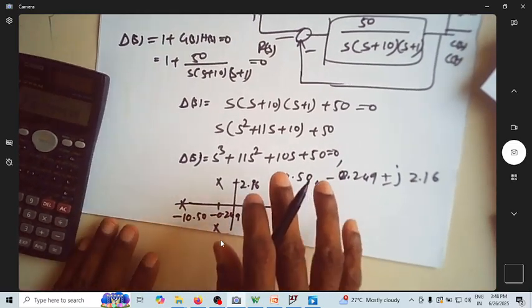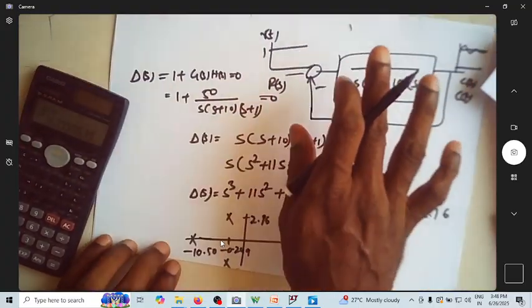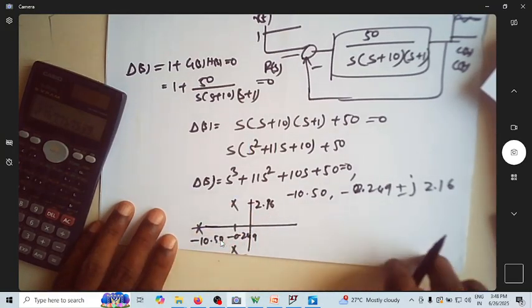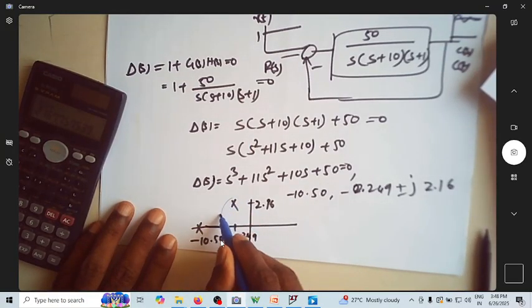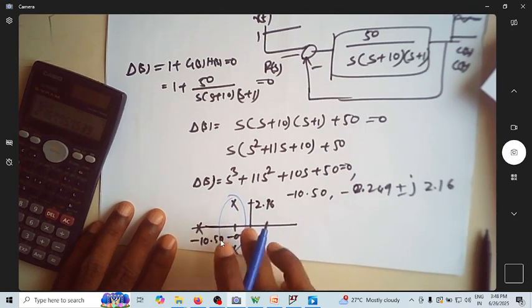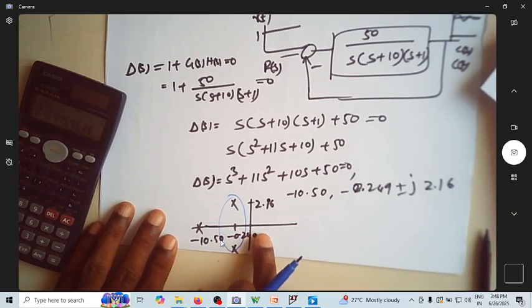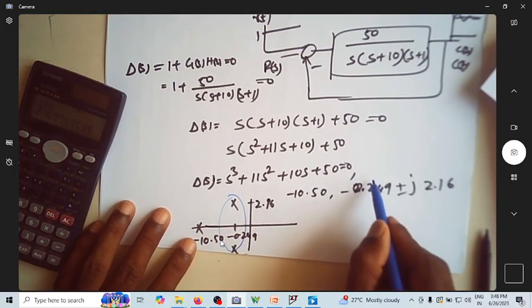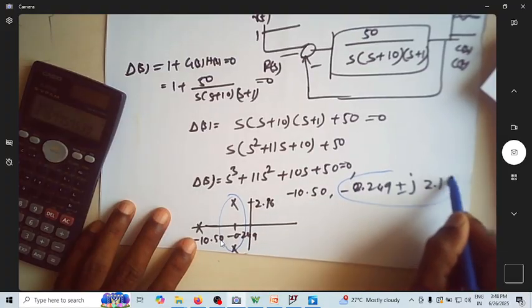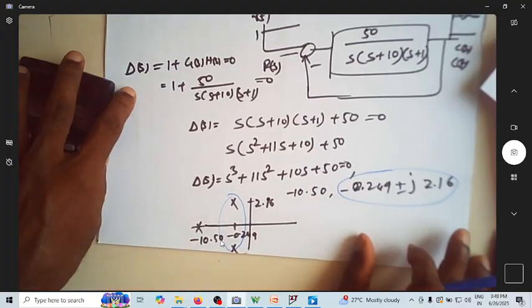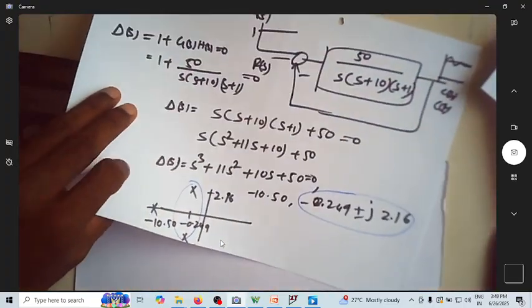Now, even though it's a third order system, you have three poles here. Out of these three poles, these two are dominant poles. Why are these two dominant? Because they are closer to the imaginary axis. Since these two are closer to the imaginary axis, I have this as my transfer function. So where is the pole position now?